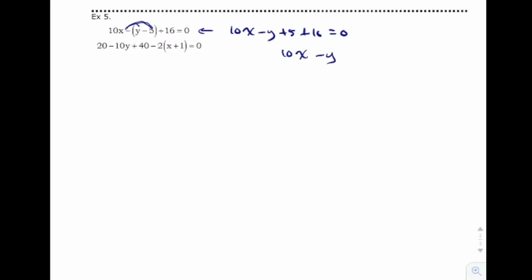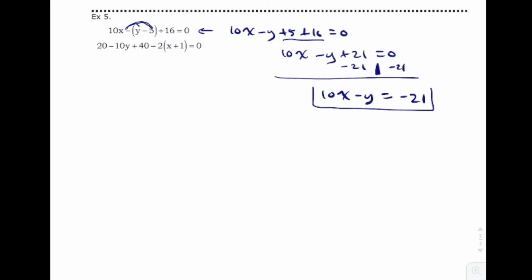You've got just a minus y, that's the only y term. These go together, plus 21 equals 0. And the last thing I'm going to do, just to make it look the same as all the above equations, is I'm going to subtract 21 on both sides, and then I'm looking at this. And I'm going to call that my new and improved equation 1.